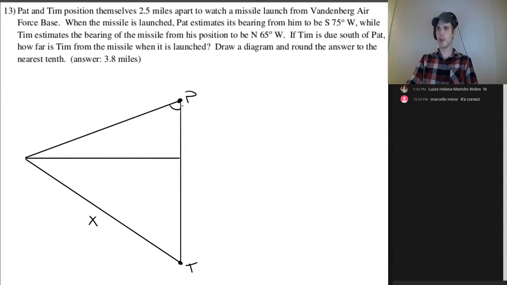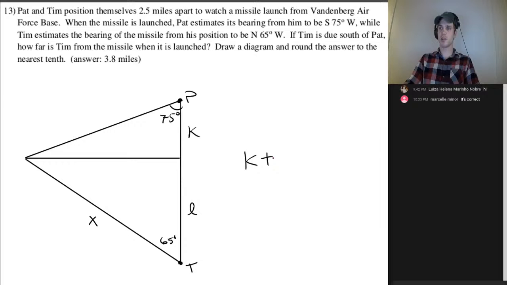Okay, so this angle is 75. This is 65. This distance here is 2.5, but I'm going to call this one K, and this is going to be 2.5 minus K. So let's say this is K and this is L, okay?